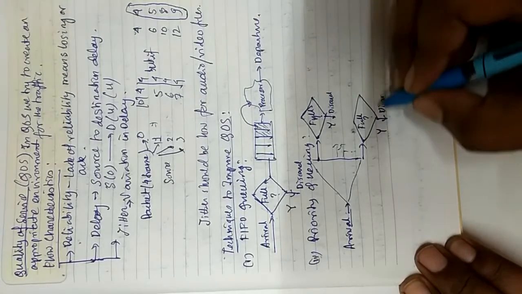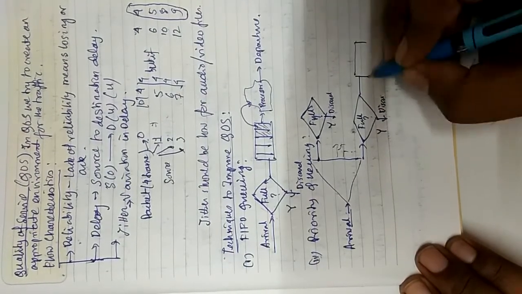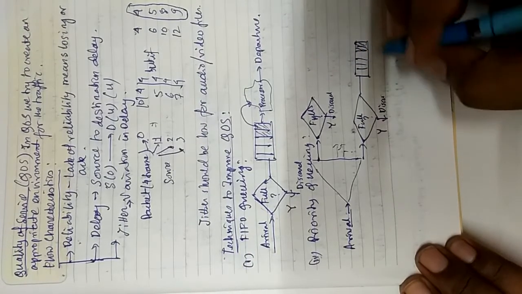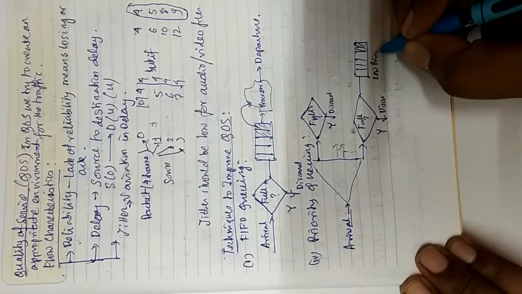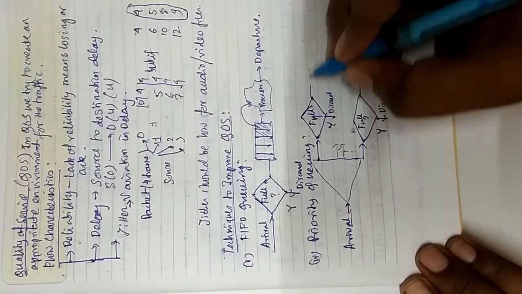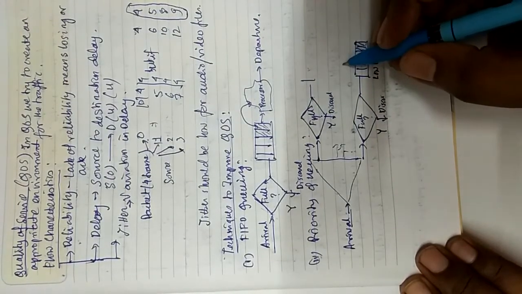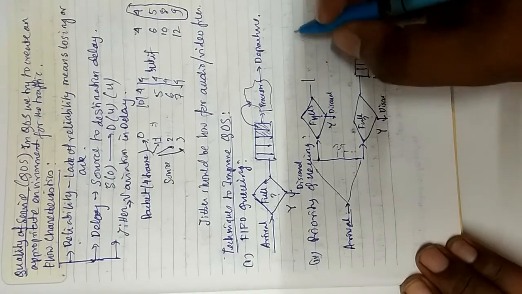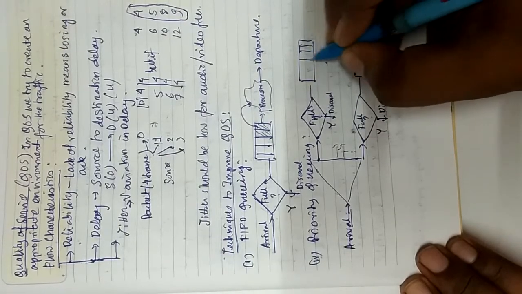In this case, let us consider this is the low priority, this is to some extent high priority, and this is the most highest priority. That way we have defined the queues.